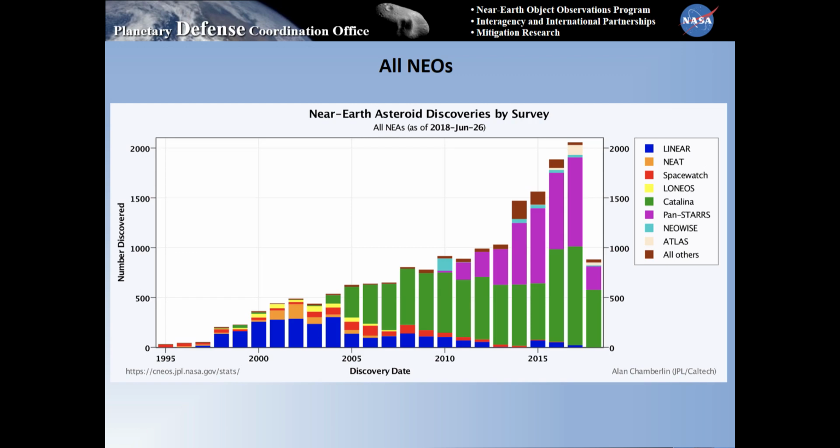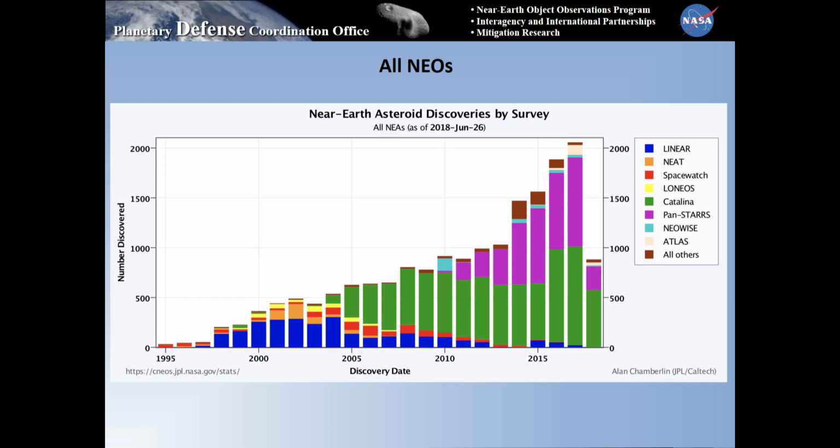And as we've improved our capabilities, brought on more observatories to find these objects, you see the increases in rates of discovery. On that bar chart, what's in green, these are all the discoveries by our Catalina Sky Survey that Kelly talked about.